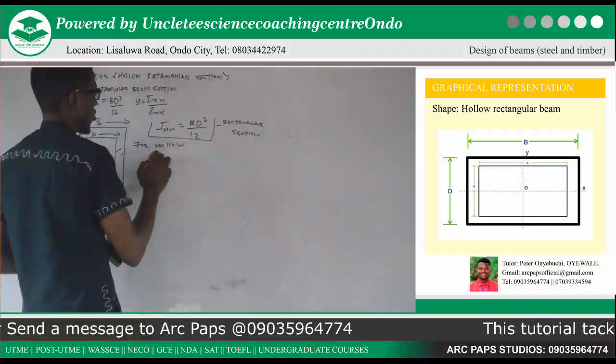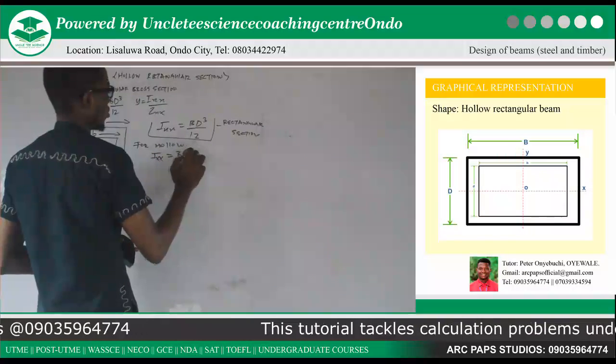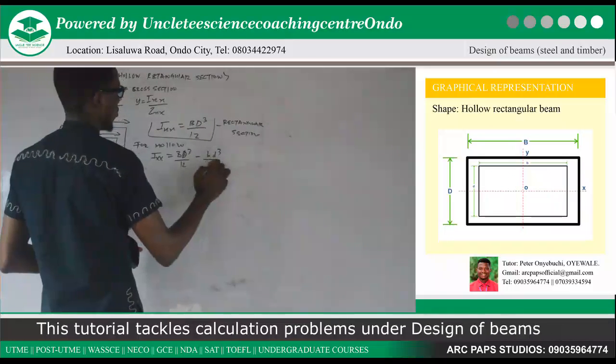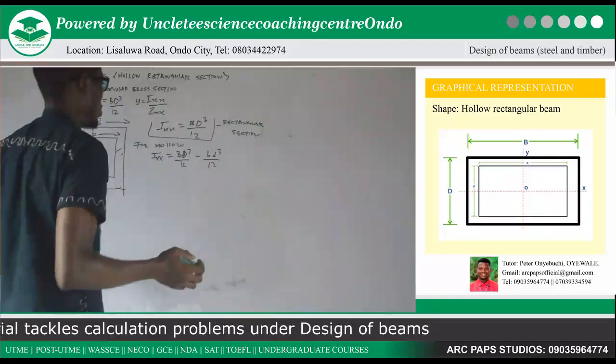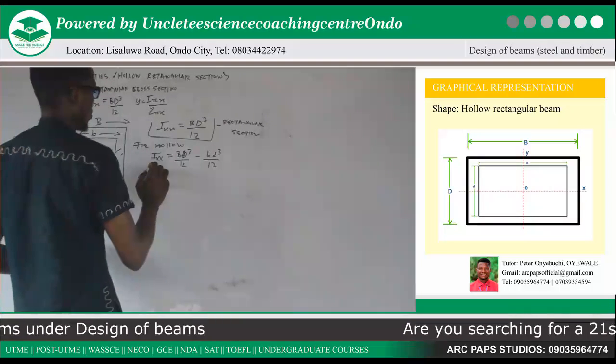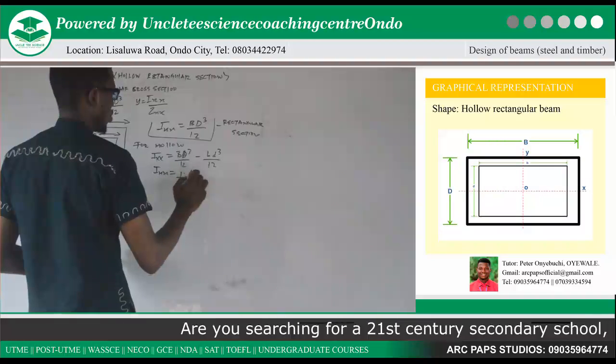Now, for a hollow rectangular section, our Ixx will give us the outer cross section minus the inner cross section, which will be BD cube over 12 minus bd cube over 12. We have our bigger b and we have our smaller b, according to the diagram as seen beside the screen.